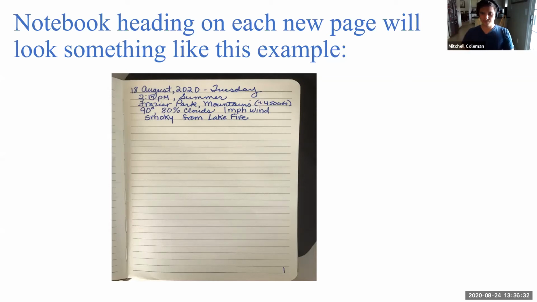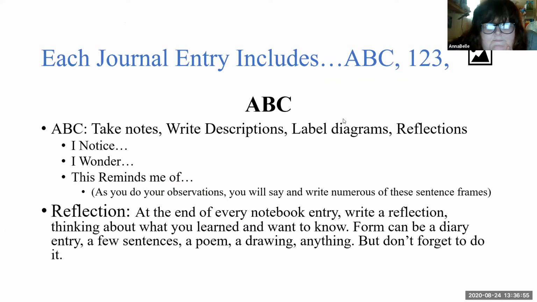So every journal entry might be X number of pages. Note this at the top of every single page. Keep it quick. You don't need to write a huge long thing. Something like this. And then that's the prescribed part.